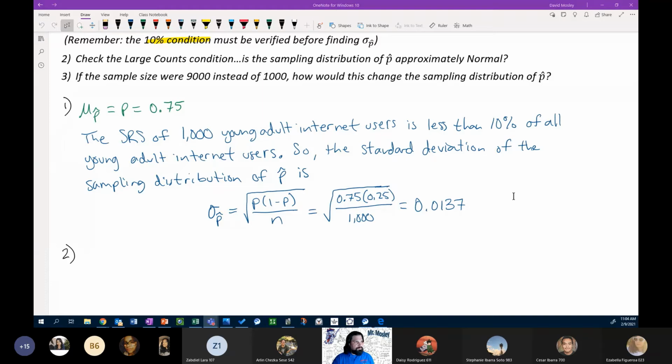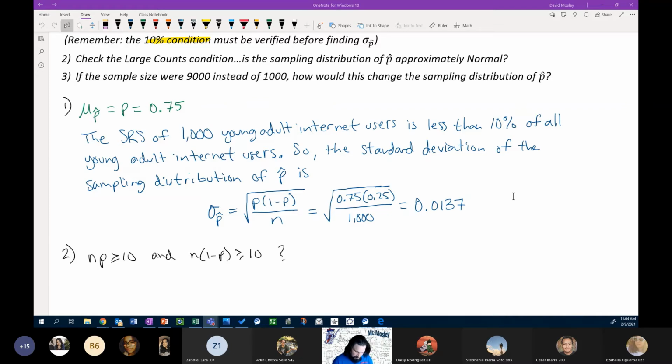So the next part is to check the large counts condition. By doing that, we're answering: is the sampling distribution of p hat approximately normal? We need to check if np is greater than or equal to 10, and that n times 1 minus p is also greater than or equal to 10.